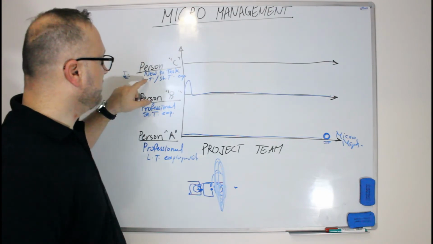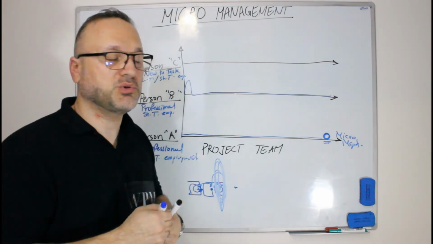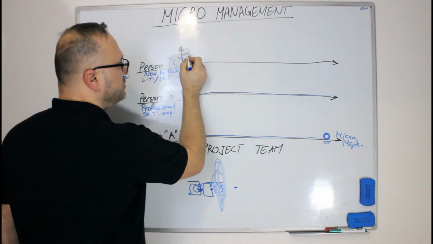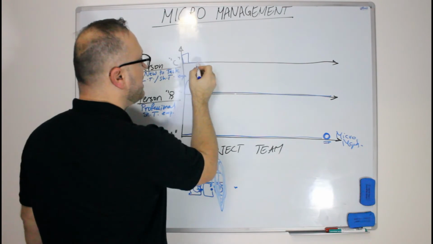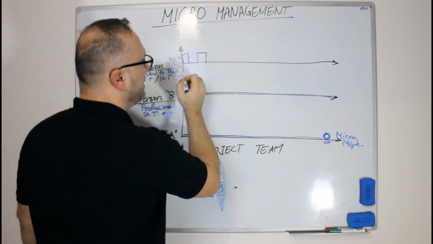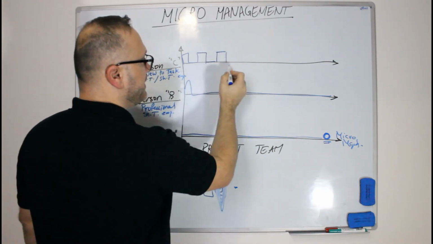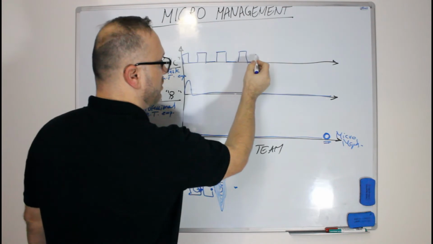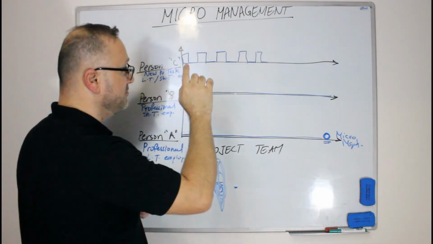Now, this person is new and he needs to know what to do. So you micromanage him, let him do the work, and then you come back to him the second day and do another micromanagement. He does the work, so it's like pulses of micromanagement. But be careful.